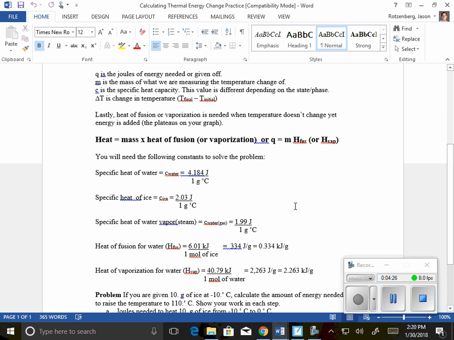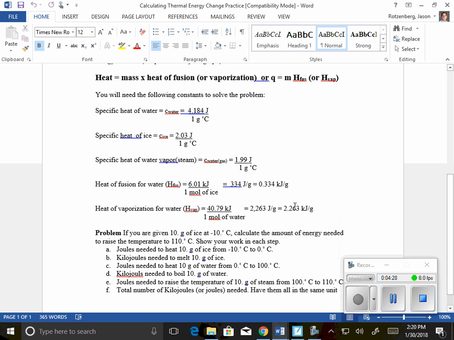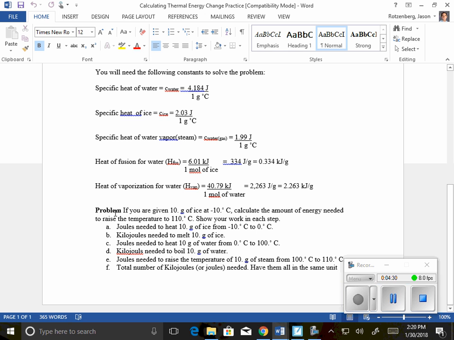Now that I've gone over all the information on this sheet, we are going to do this practice problem on the bottom of the page. The problem says, if you are given 10 grams of ice at negative 10 degrees Celsius, calculate the amount of energy needed to raise the temperature to 110 degrees Celsius. This has a lot of steps to it.